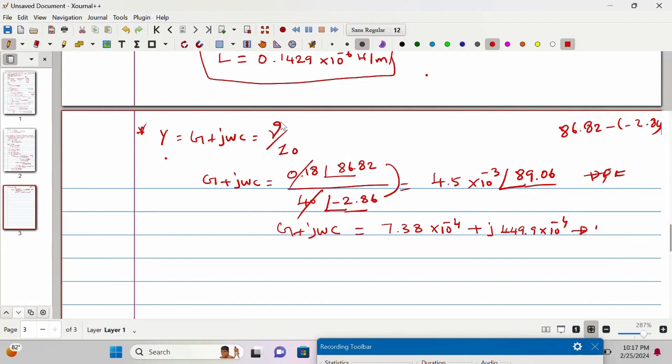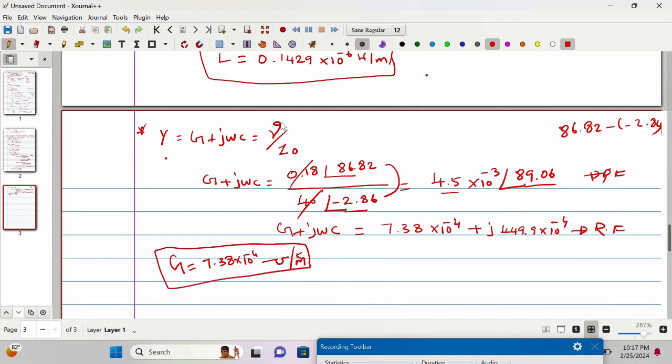So 4.5 is converted into 7.38 with the help of the angle, and the imaginary part is 4.49 into 10 to the power of minus 4. From this it is easy to write G equal to 7.38 into 10 to the power of minus 4 mho per kilometer. This is the value for G.